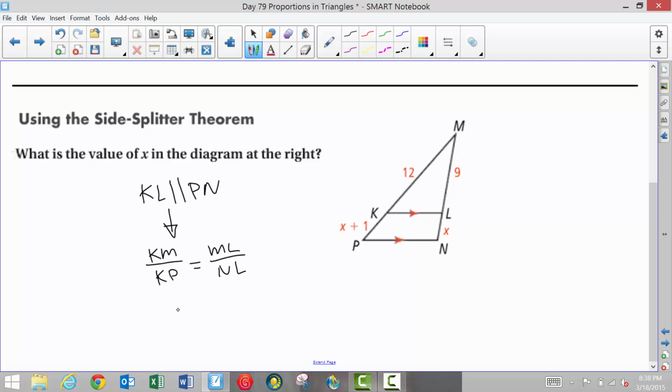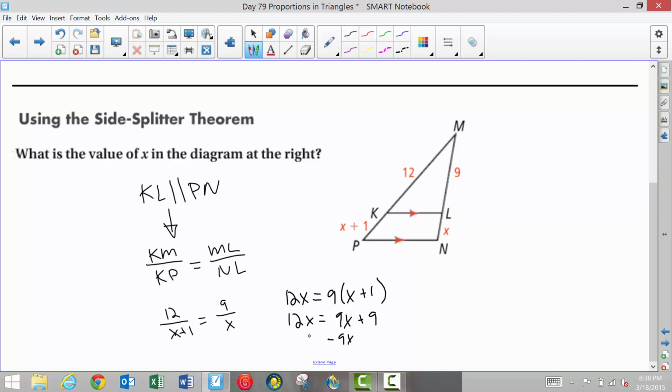So I know that KM is 12, so 12 over x plus 1 equals 9 over x. Solve by cross multiplying. So I have 12x equals 9 times x plus 1. So I have 12x equals 9x plus 9. Distribute.